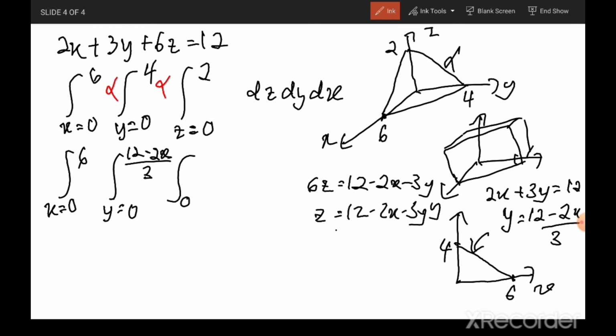So we get z as this equation, and that is the interval for z: 12 minus 2x minus 3y divided by 6. And lastly dz, dy, dx. Okay, that is the right interval for this plane.